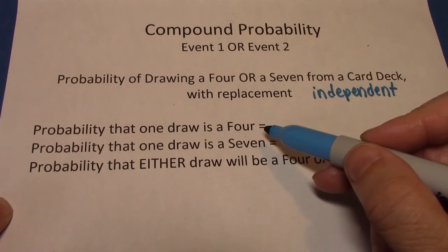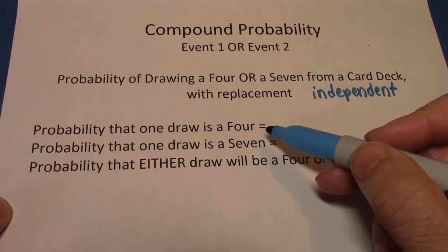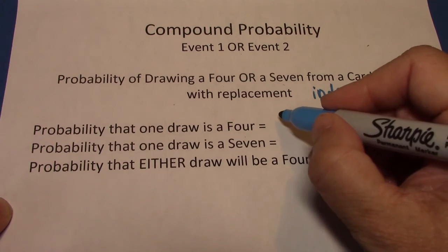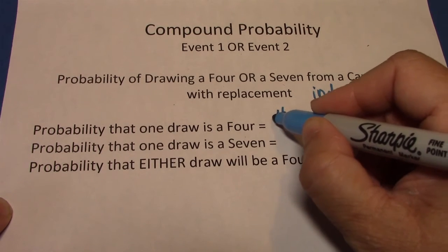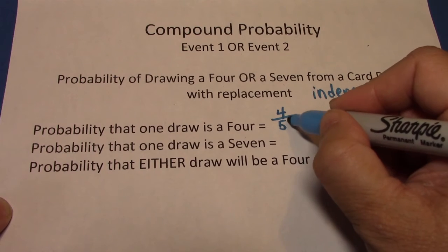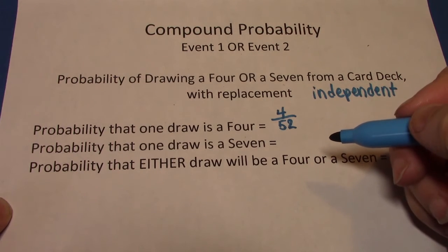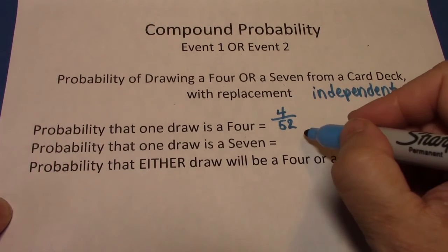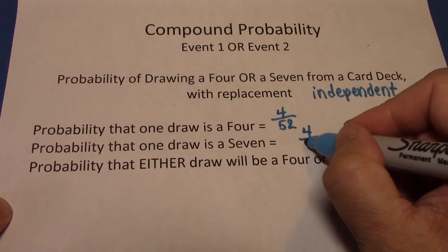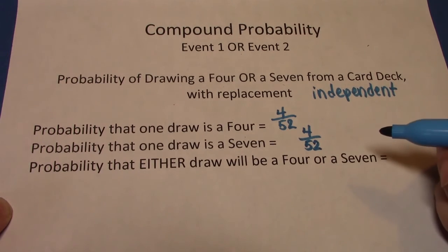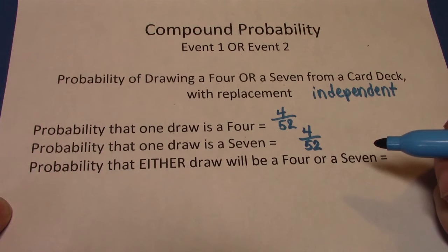So for one of our draws, it doesn't matter whether it's the first or the second, the probability that it is a 4: there are 4 4s in a deck of cards out of 52 possibles. We put the cards back between draws, so there are 4 7s out of a deck of 52.